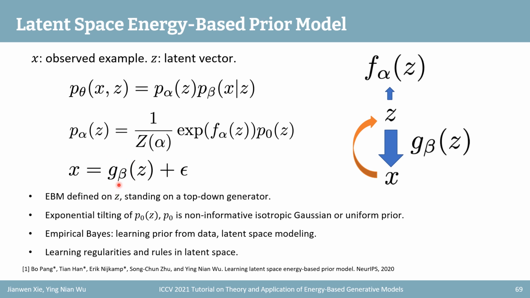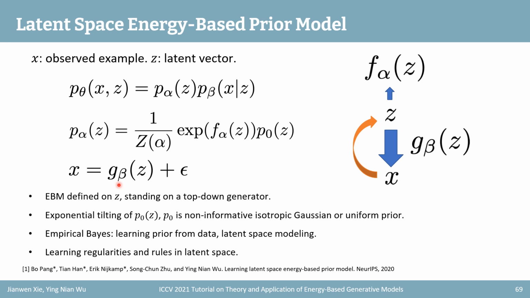Okay, so therefore, now the energy-based model is defined on Z, and it stands on a top-down generator. And in fact, the model P_alpha, the prior model, is an exponential tilting of the original non-informative prior.